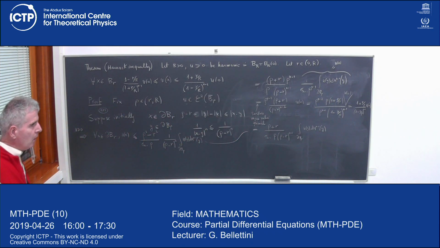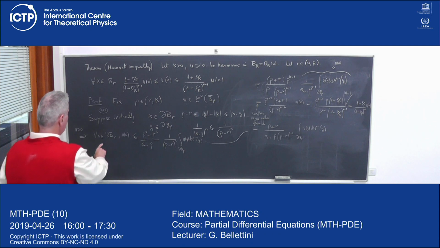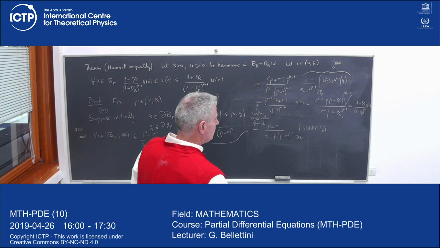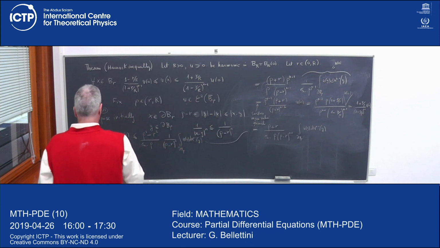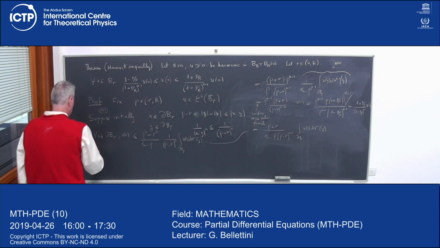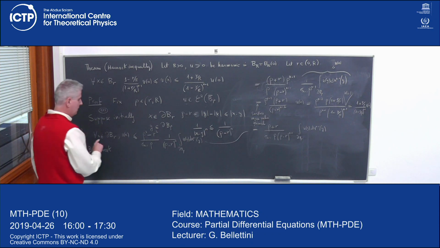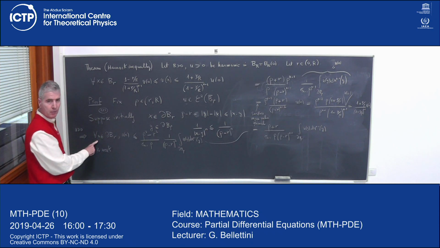So we have the upper bound by this constant. Here, by the weak maximum principle. Do you agree that by the weak maximum principle, this for the moment has been obtained under this constraint here?